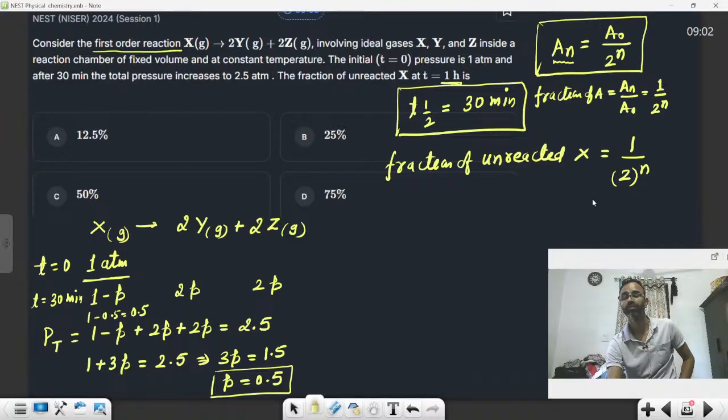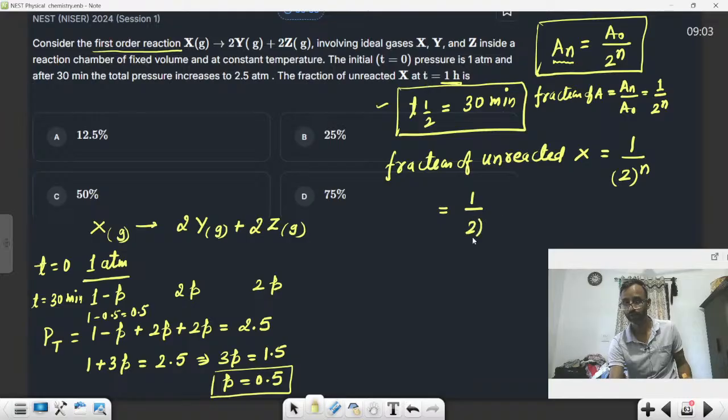Okay. So what is fraction? In 1 hour, how many half-lives are there? 2. Very good. Because one half-life is 30 minutes. So in 1 hour there are 2 half-lives.